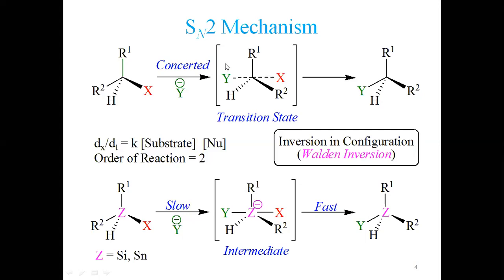Substitution at carbon involves a concerted mechanism, a single step, whereas silicon and tin involve two steps and generate an intermediate. This is the intermediate; although it is not highly stable, it has a certain life. The transition state has zero life; it is something we call hypothetical.